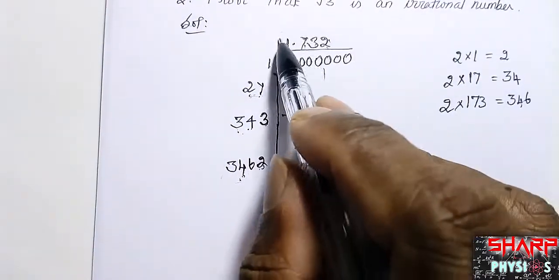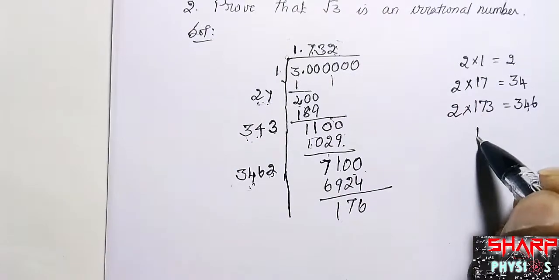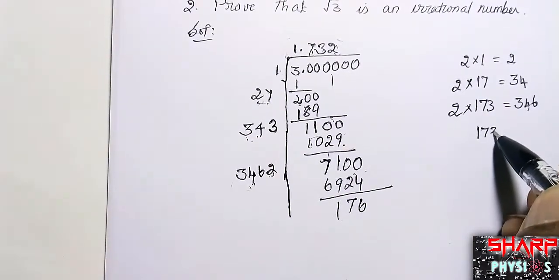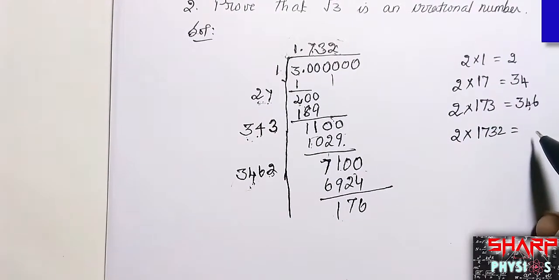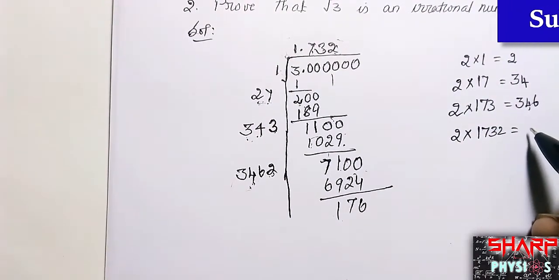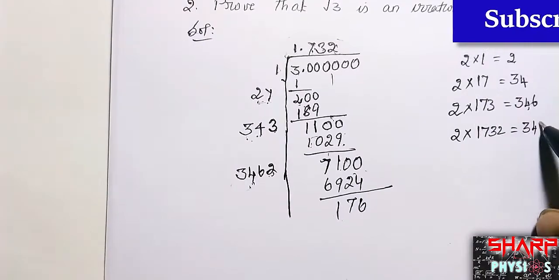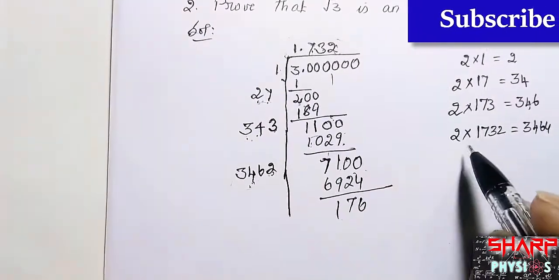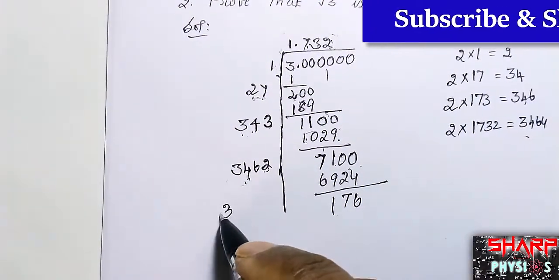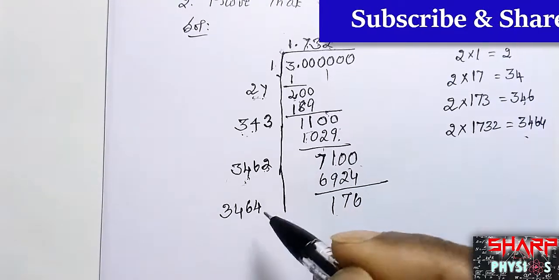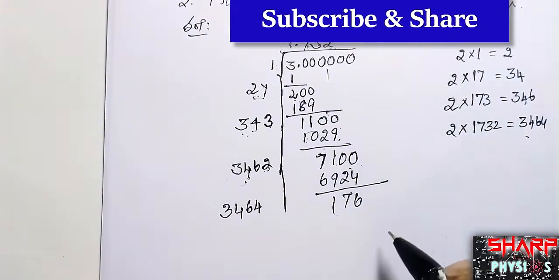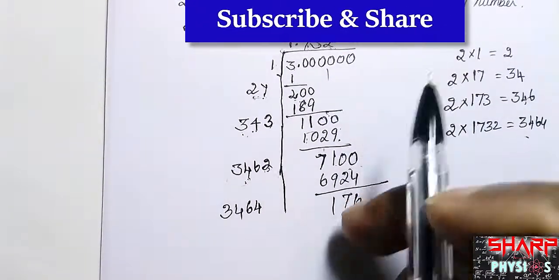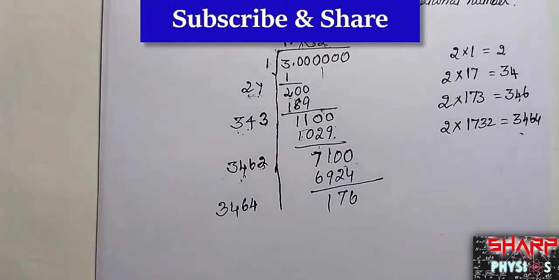So now you have 4 numbers, so 1, 7, 3, 2 into 2, you get 3464. When you multiply this, you get 3464. Write it here, 3464. So it keeps on going like this. So this is enough for right now.